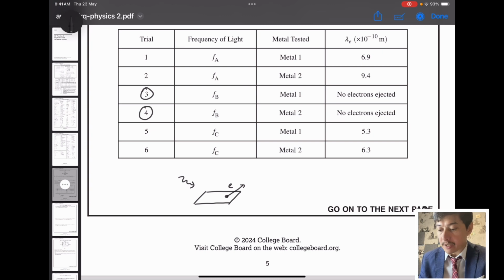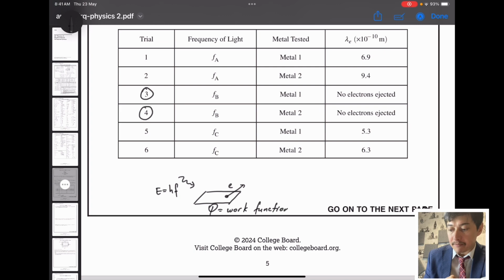But it depends on several factors. First, the energy of the incoming photon. The energy can also be expressed as Planck's constant times frequency. Now, the energy of the light should be at least equal to the so-called work function of the metal.